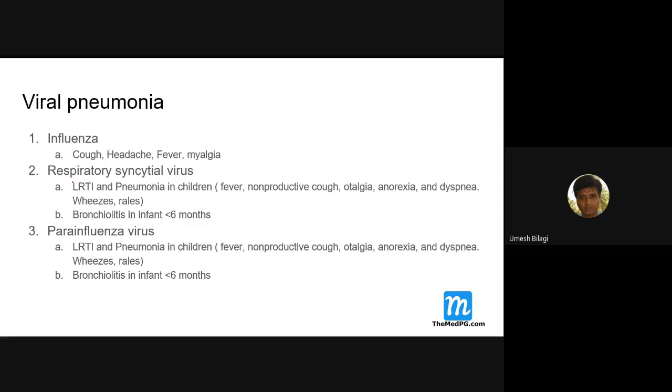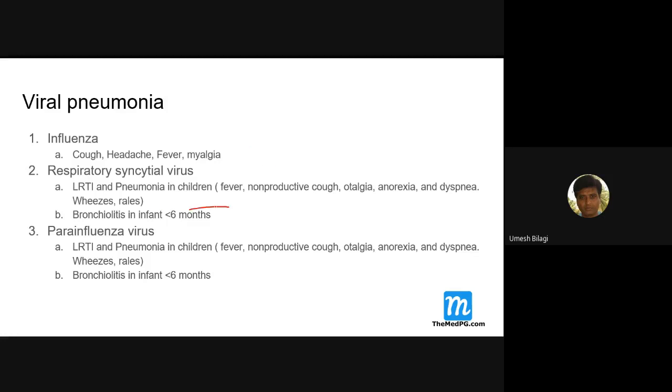Then the other virus is respiratory syncytial virus. So LRTI and pneumonia in children above 6 months. Below 6 months, as you said, bronchiolitis. Again there is fever, non-productive cough, otalgia, ear pain, anorexia, dyspnea. Wheeze and rales are the features of RSV producing viral pneumonia above 6 months.